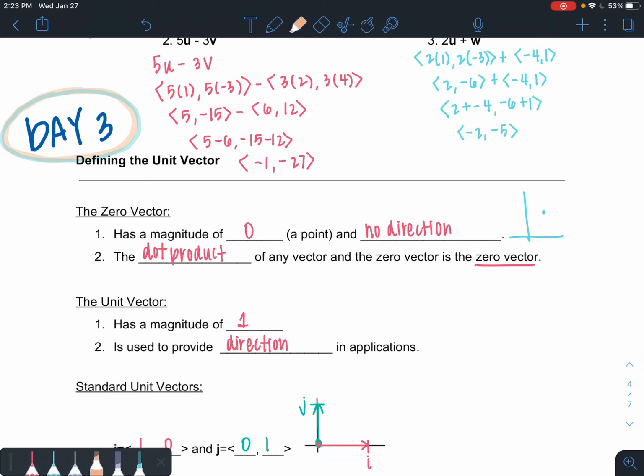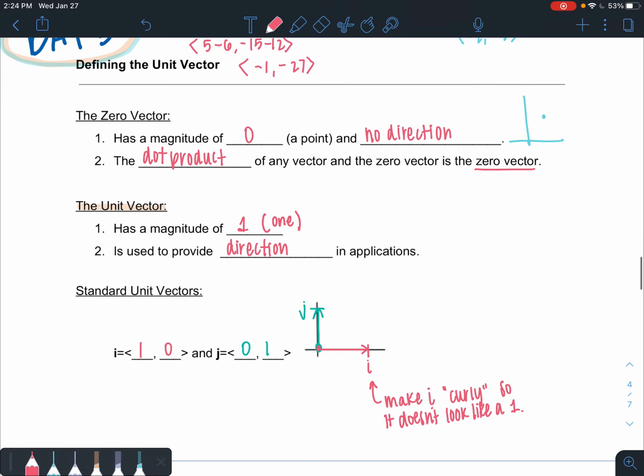Then we have our unit vector, which has a magnitude of 1, like a unit. Basically the use for it is to provide direction in application problems.